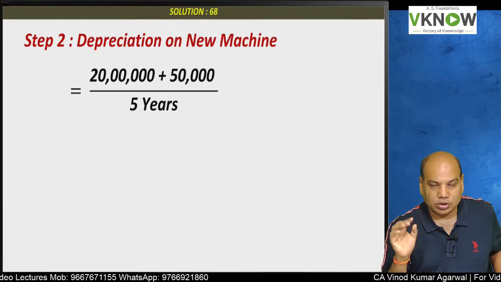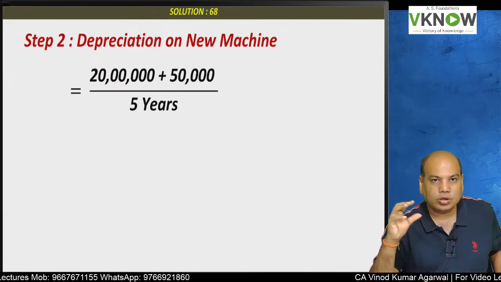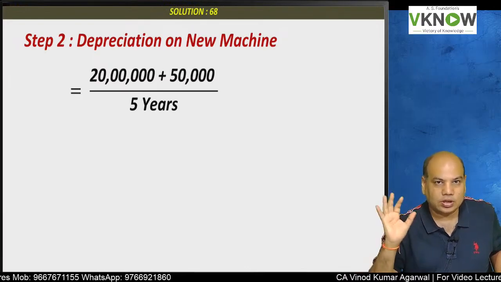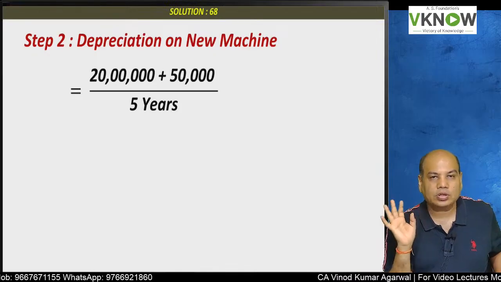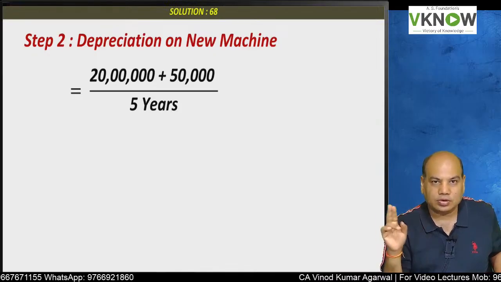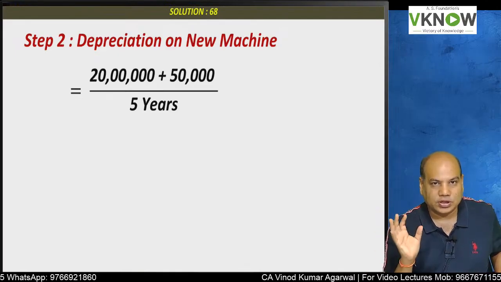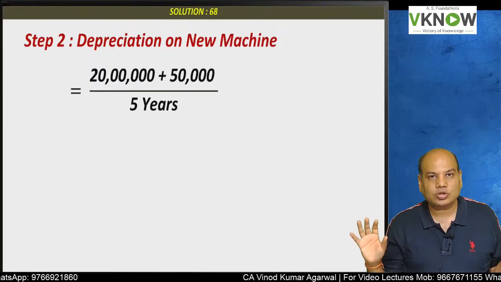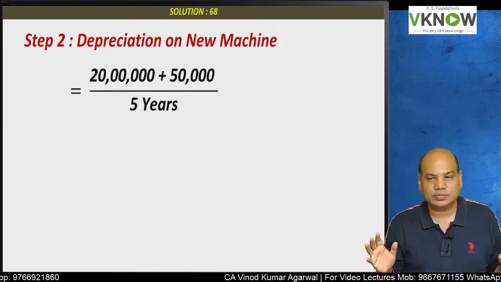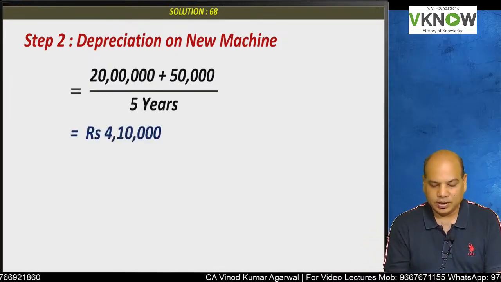You will get depreciation on the total cost of the new machine, including installation cost. So my cost of the machine is 20 lakh, installation cost is 50,000. Total amount on which depreciation will be claimed is 20,50,000.